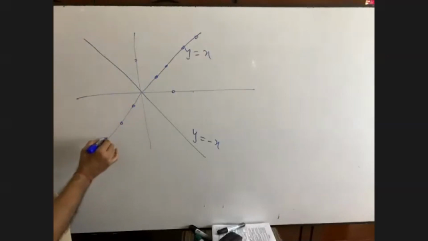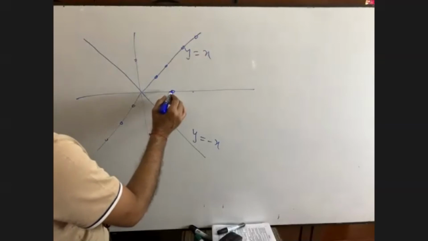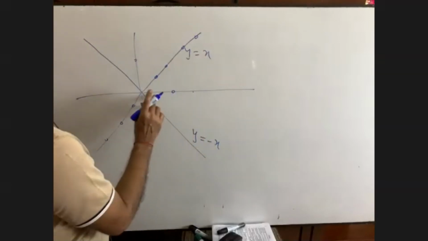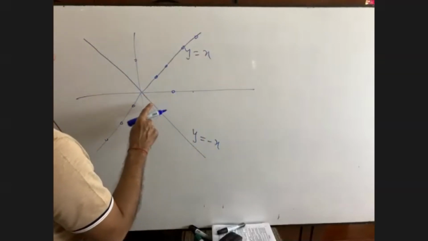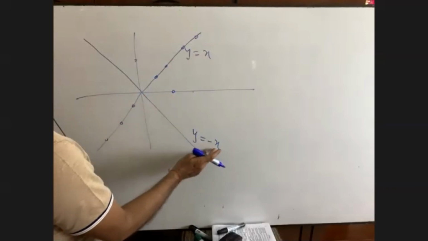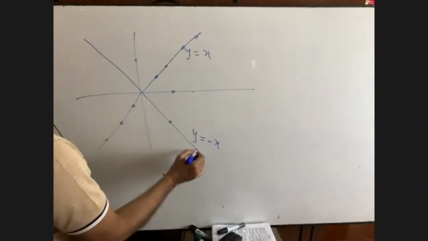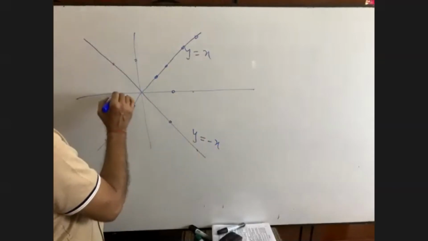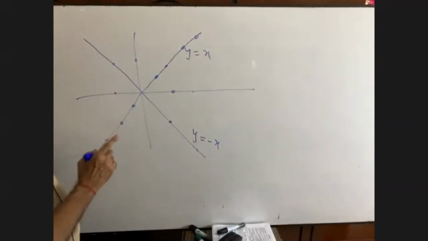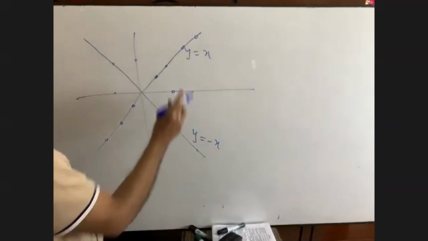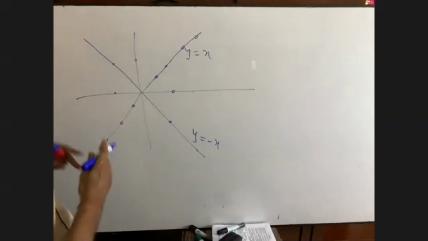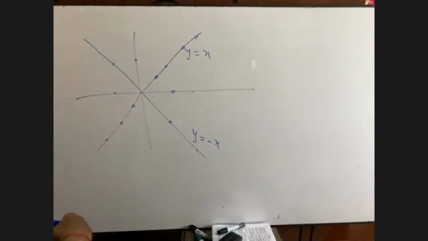If y equals minus x and x equals 1, then y equals minus 1. In this way. You remember this: it is y equals to x and this is y equals to minus x. You understand or not? Then I can show it. Talk to me, all of you.